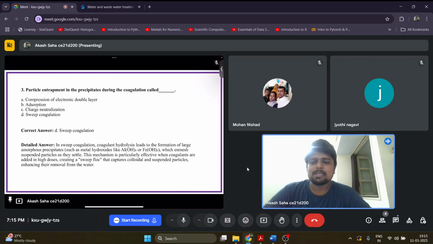This mechanism is particularly effective when coagulants are added in high dosages, creating a sweep floc that captures colloidal and suspended particles, enhancing their removal from the water. It will sweep off all the suspended particles, so this happens at a little higher concentration.